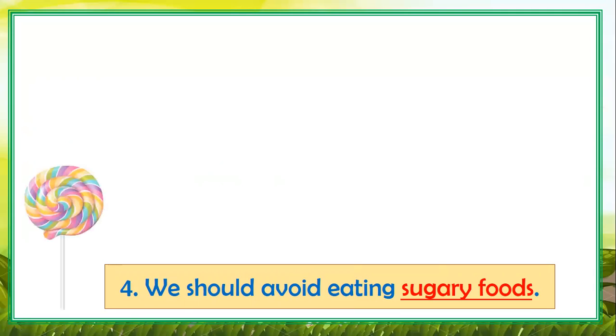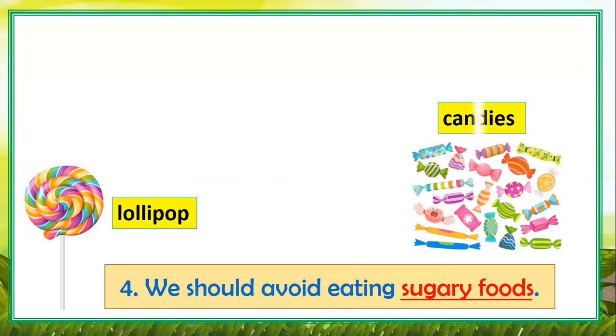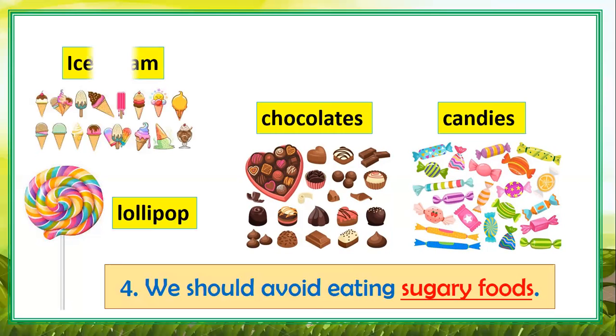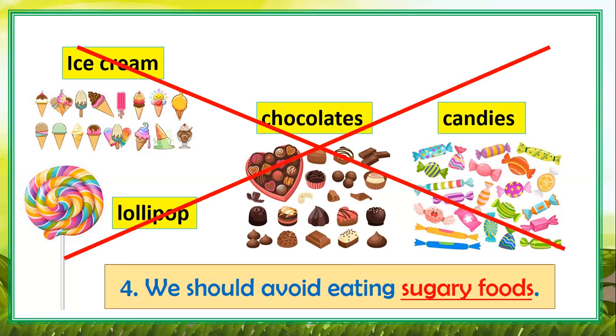We have lollipop, candies, chocolates, ice creams, or cake. Again, this food we should avoid eating. Or we can eat, but make sure we just eat moderately, and after we eat, make sure you drink a lot of water.